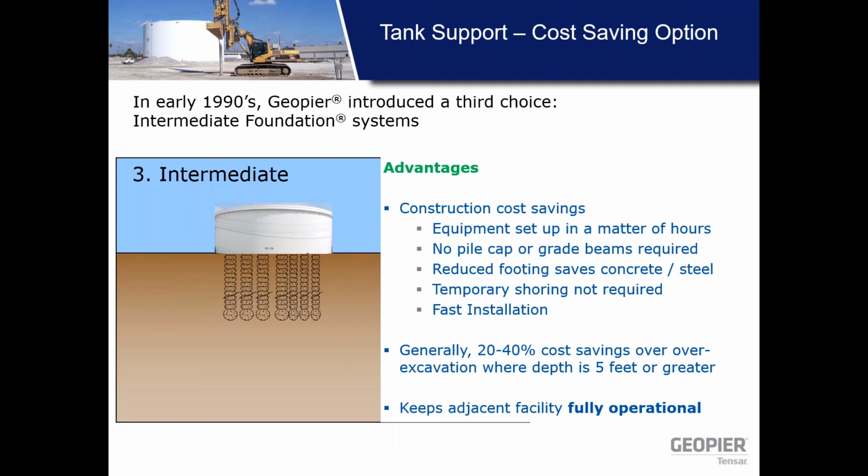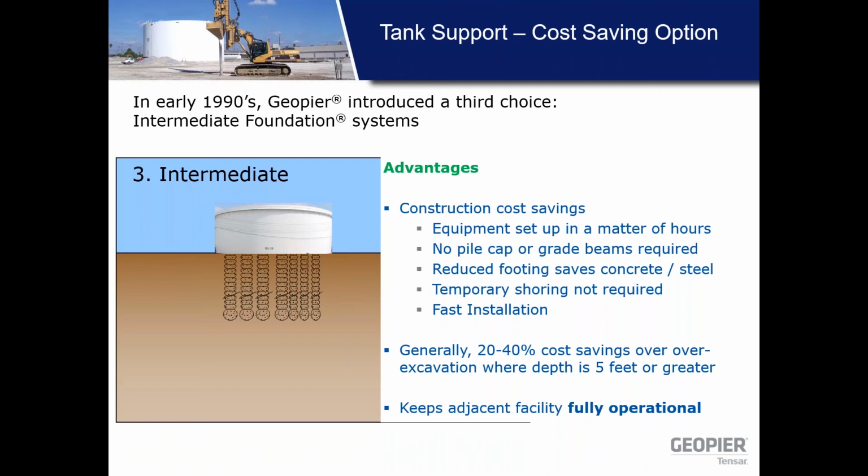Temporary shoring is not required as there is no undercutting required. And very fast installation. This is the number one benefit of using ground improvement system. We can install about 60 to 80 piers a day, and generally 20 to 40% cost saving over the over excavation and replacement costs.